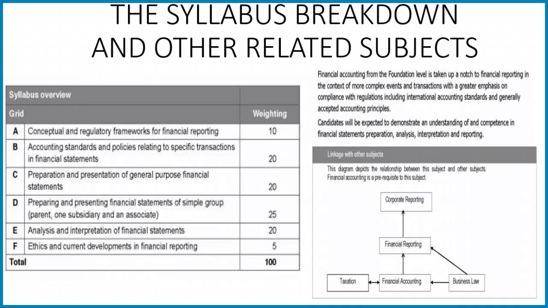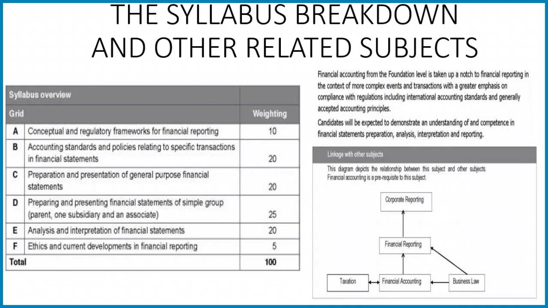Last but not the least of the breakdown of financial reporting is ethics and current development in financial reporting or the financial world. Basically, every profession has ethics, guidelines, principles that guide every member of the institute. So we too are not exempted, and in every one of our subjects you are going to find ethics.